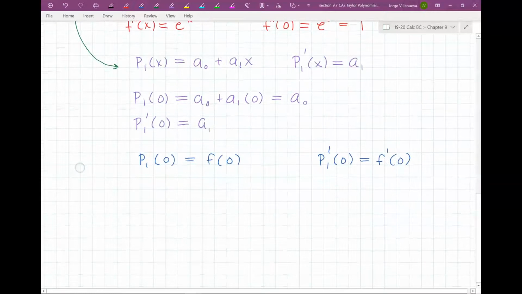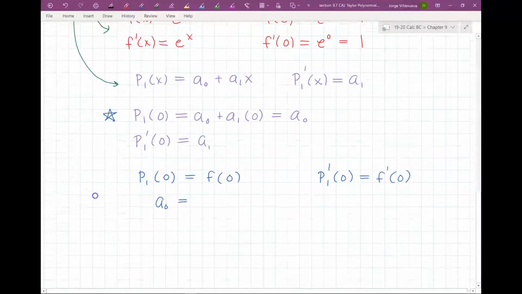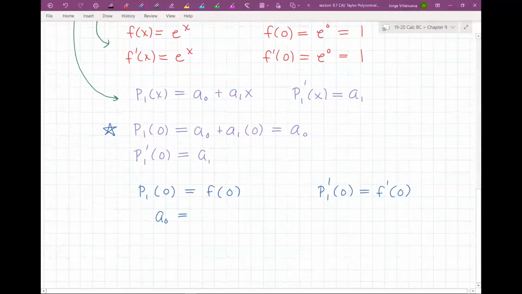Okay, now why are they going to want us to do that? Well, let's do it and let's find out what the purpose of this is. So p sub 1 of 0 is a sub 0, right? I got that from this area right here. What's f of 0? It's 1. So what I just found out is that a sub 0 is equal to 1.